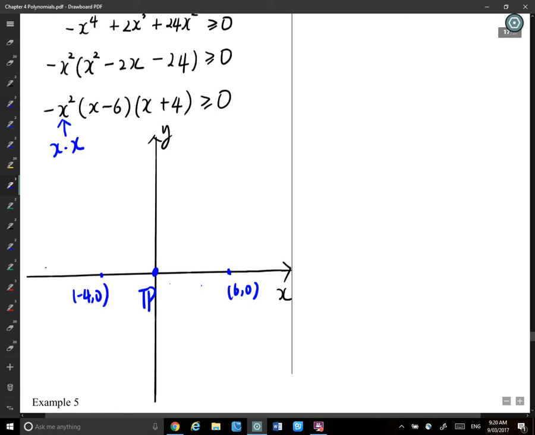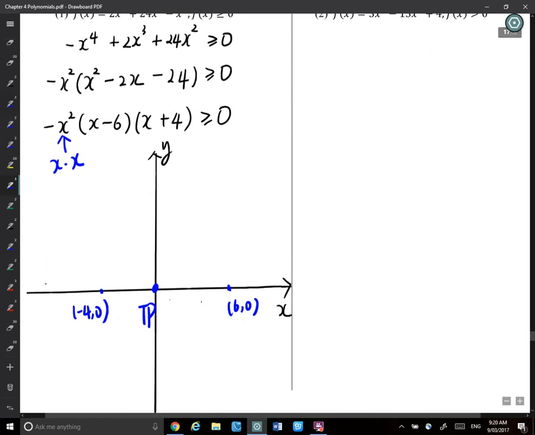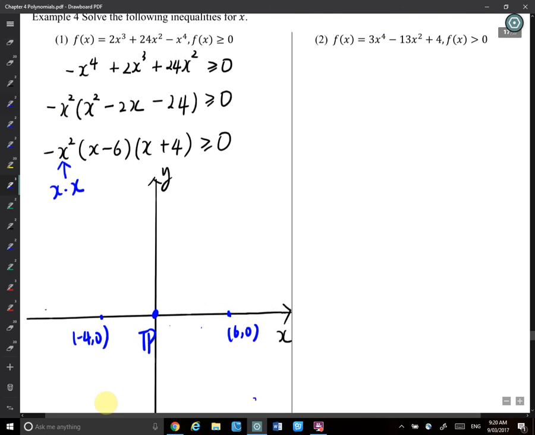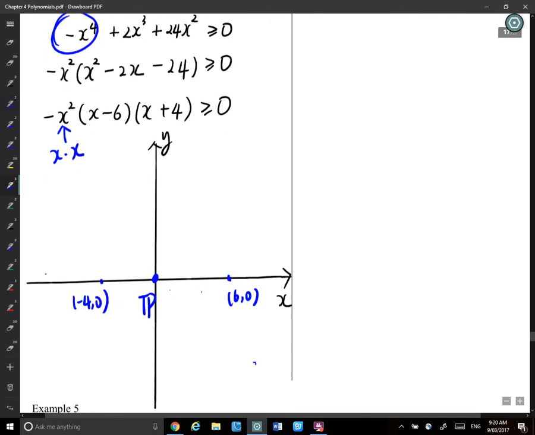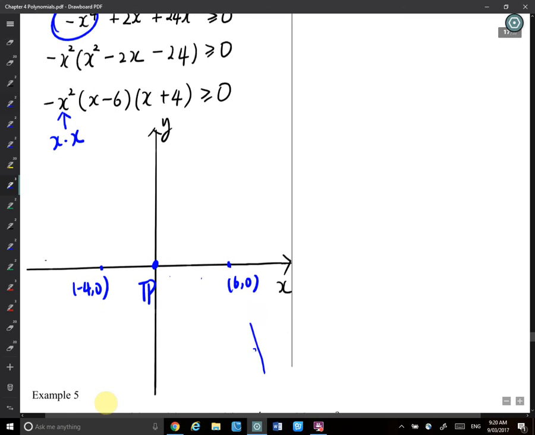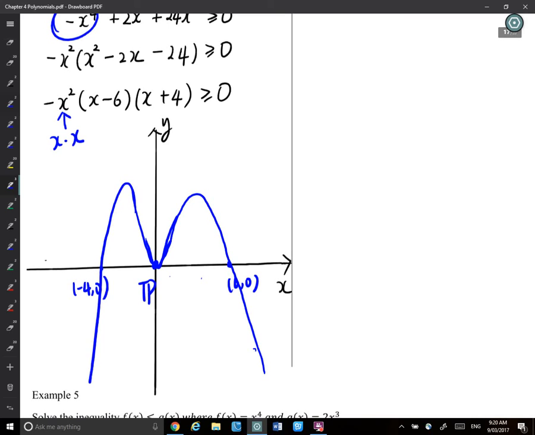And you will start from the bottom, because it's a negative coefficient. The leading term has a negative coefficient. So you start from the bottom, go through there, touch that point, but that point is a turning point. And then it turns again here. Okay, it's a shape like that.